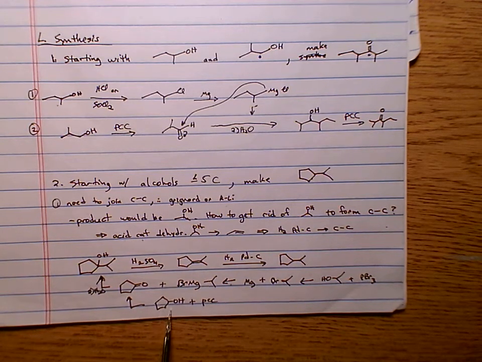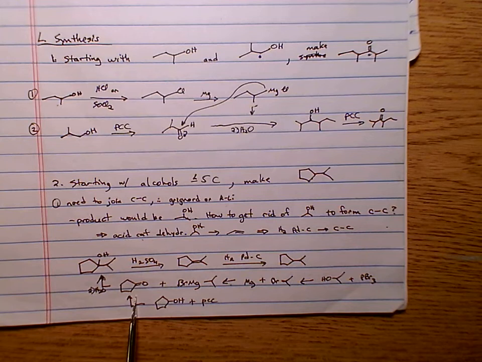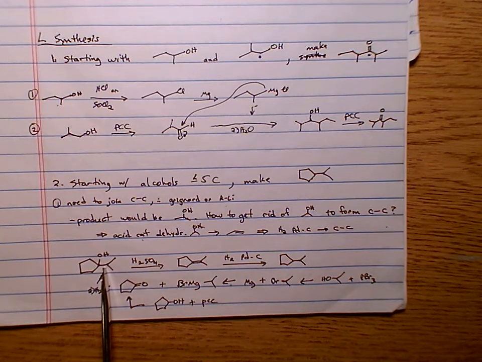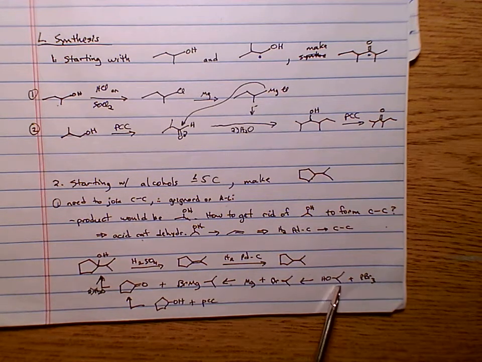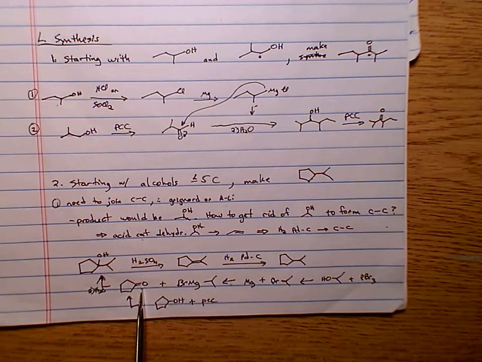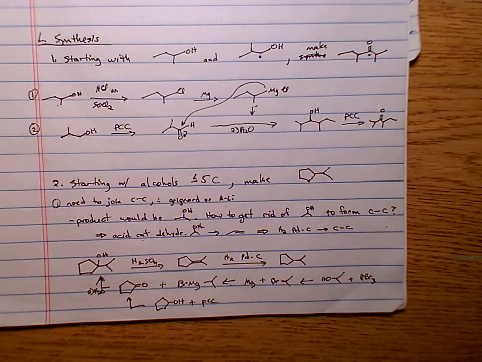Secondary alcohol, the cyclopentanone, PCC, boom, you got your carbonyl that will get attacked. So then the question is, how do I make this be a negative charged carbanion? Well, I know if I started with this alcohol, add PBr3, that'll put the bromine on there, add magnesium or solid lithium, and you get our Grignard reagent, which will react with this, and boom, there we go.